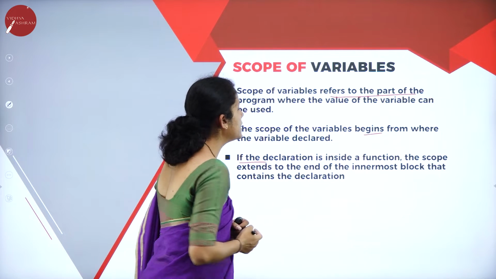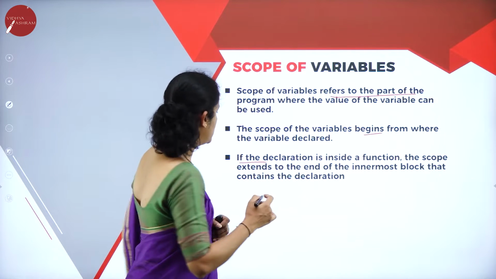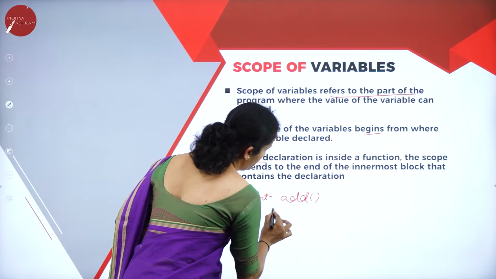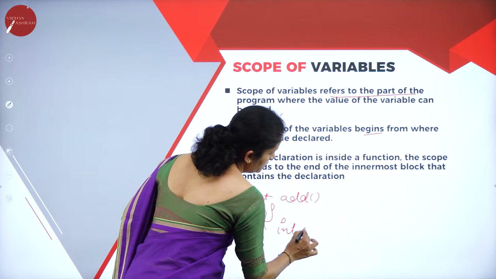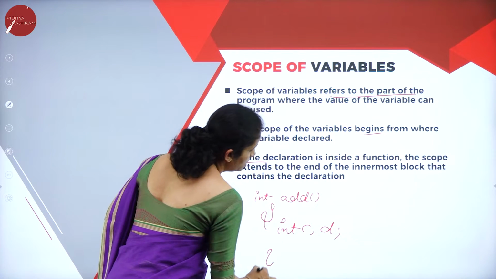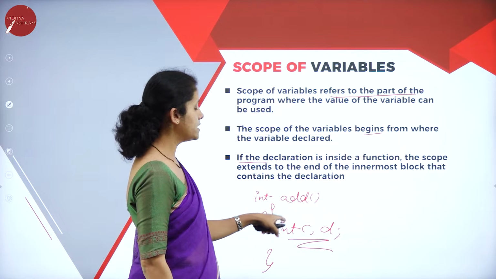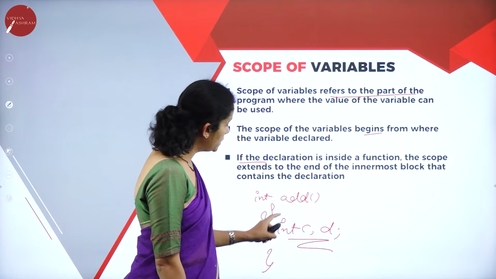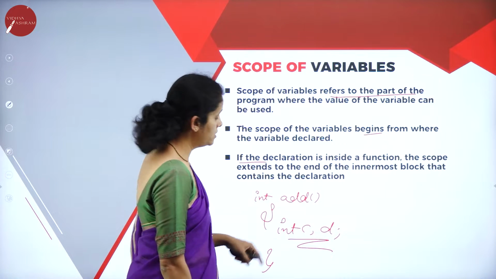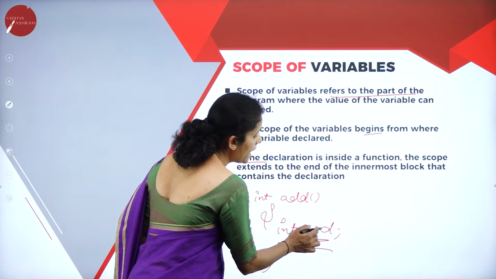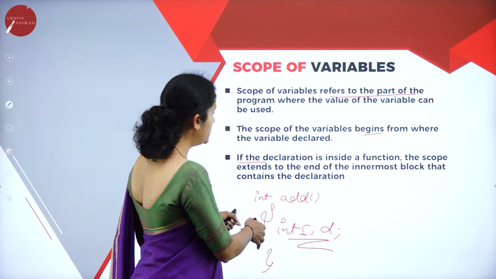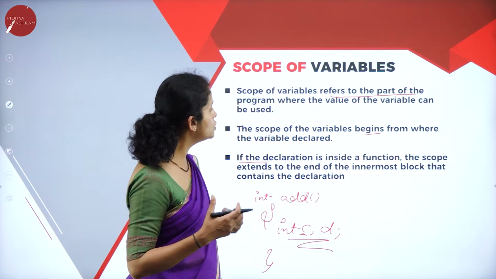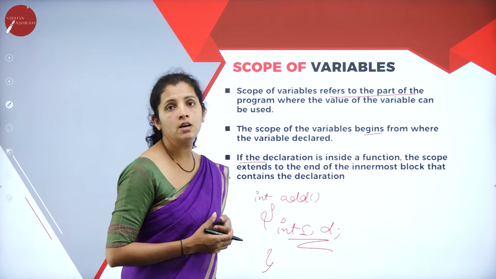If the declaration is inside the function, for example, int add and int c and d, here the variables c and d are declared inside the function. So the scope of c and d is within the function. And we can also have innermost block as well as outermost block.